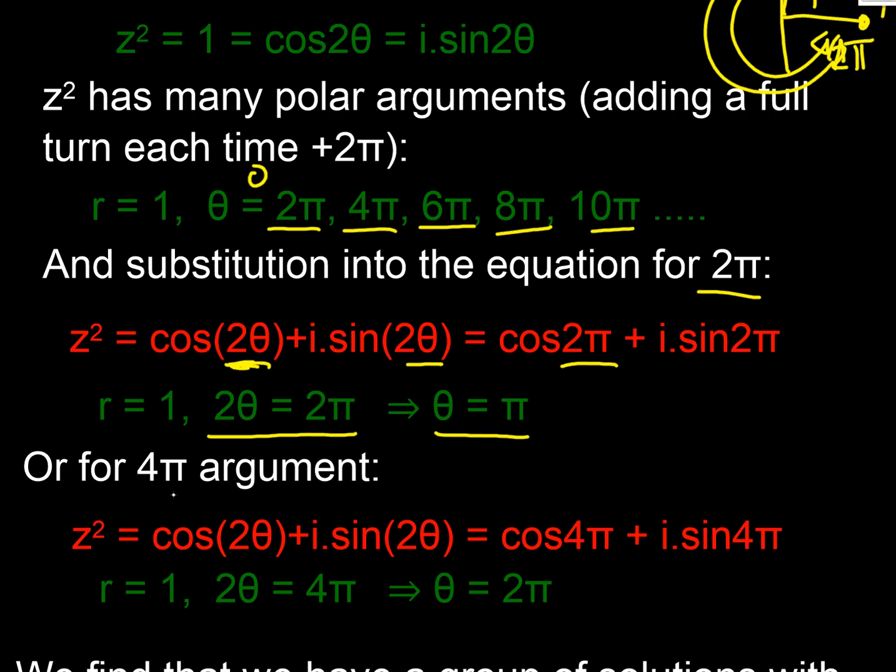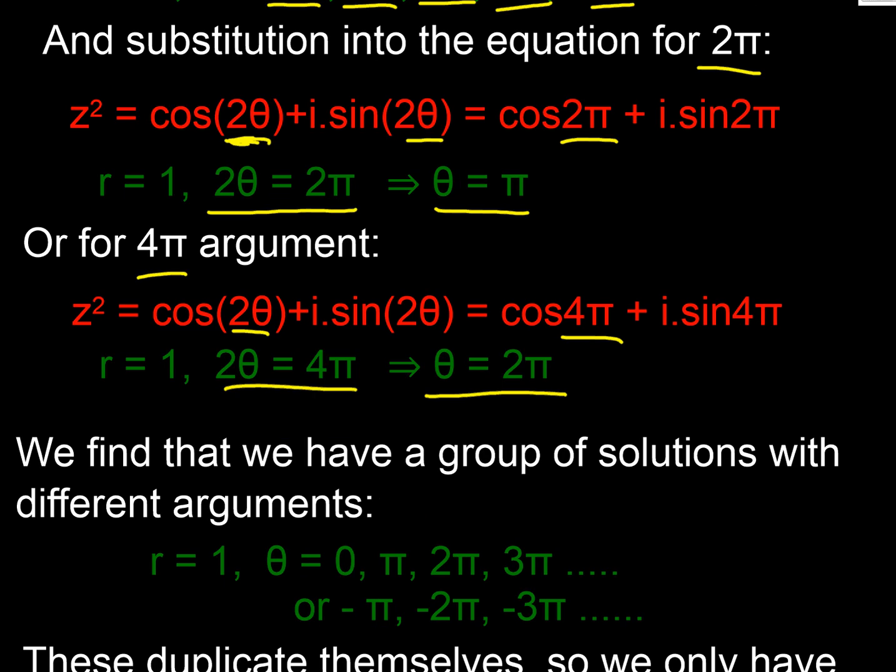And we could do the same thing if we chose our argument to be 4 pi, then 2 theta would be equal to 4 pi, and therefore theta would equal 2 pi, yeah? And we can carry on doing this, couldn't we? And if we do that forever, we get all these angles. Theta could be 0, pi, 2 pi, 3 pi, yeah? Or we could get the negative ones: minus pi, minus 2 pi, and minus 3 pi, and going on forever.